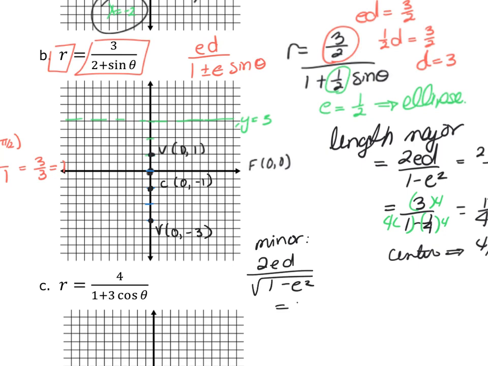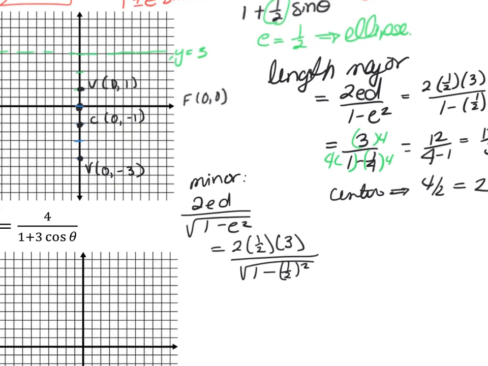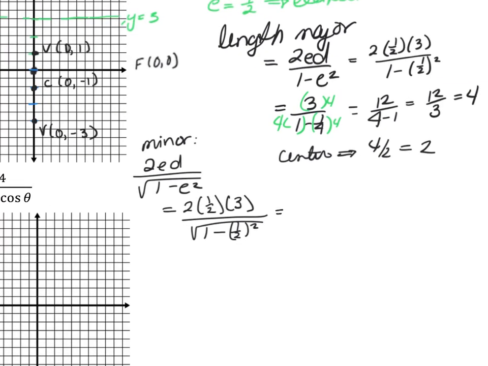So this is going to be equal to 2, E is 1/2, D is 3, over the square root of 1 minus E squared. So this is going to be equal to 3 over the square root of 1 minus 1/4.